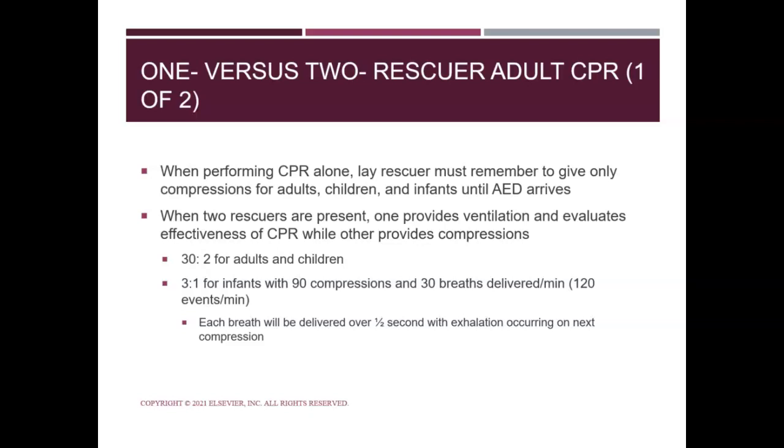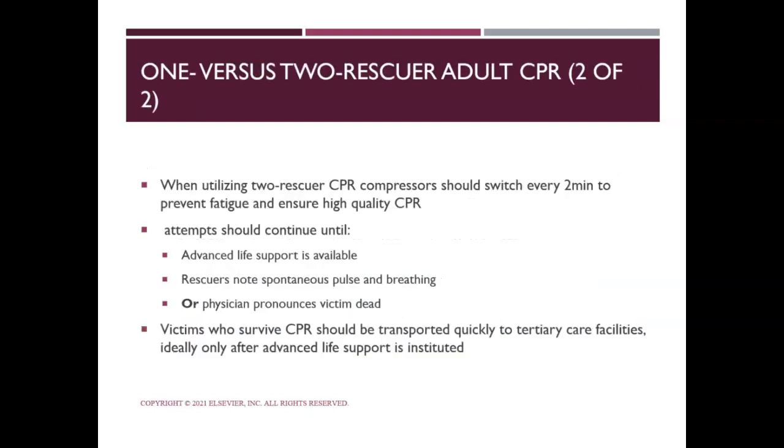So if you're performing CPR alone, you're going to give compressions until the AED arrives. Once that second rescuer is present, somebody's going to take over ventilation, somebody's going to do compressions. 30-2 is the ratio for adults and children. 3-1 for infants.